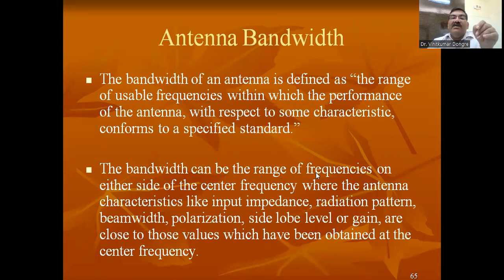The bandwidth can be the range of frequency on either side of a center frequency where the antenna characteristics like input impedance, radiation pattern, beam width, polarization, side lobe level, gain are close to those values which have been obtained at the center frequency.